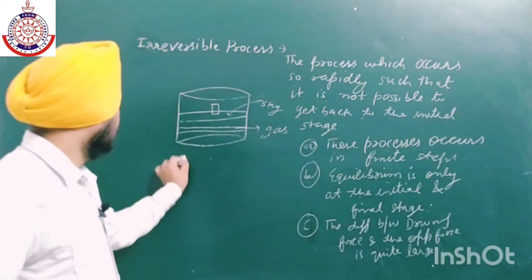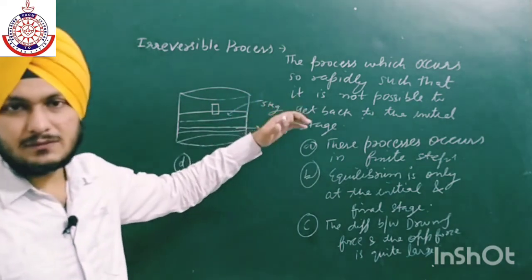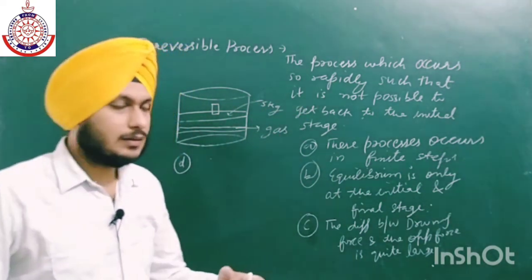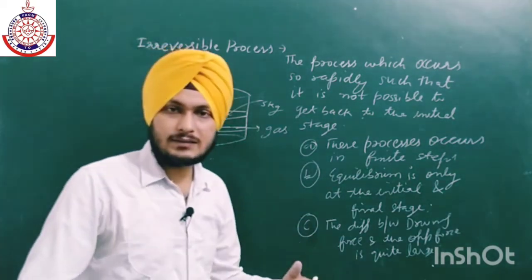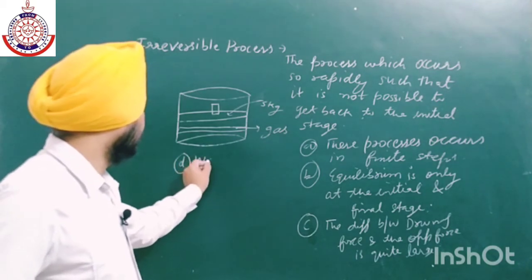If the difference between the opposing force and the driving force is large, then the process will occur in a finite step, and the process is also very fast, so the work is minimum.